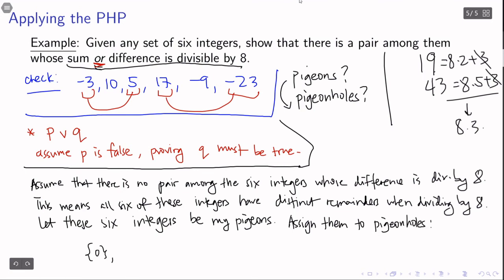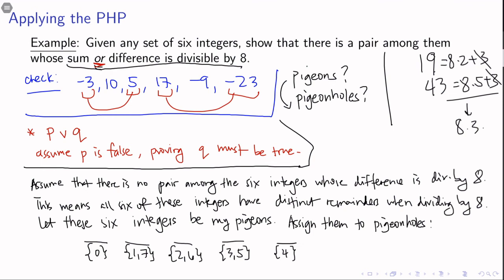Zero, 1, 7, 2, 6, 3, 5, and 4. 5 pigeonholes here. And you're placing the pigeons in the pigeonhole that corresponds to their remainder.